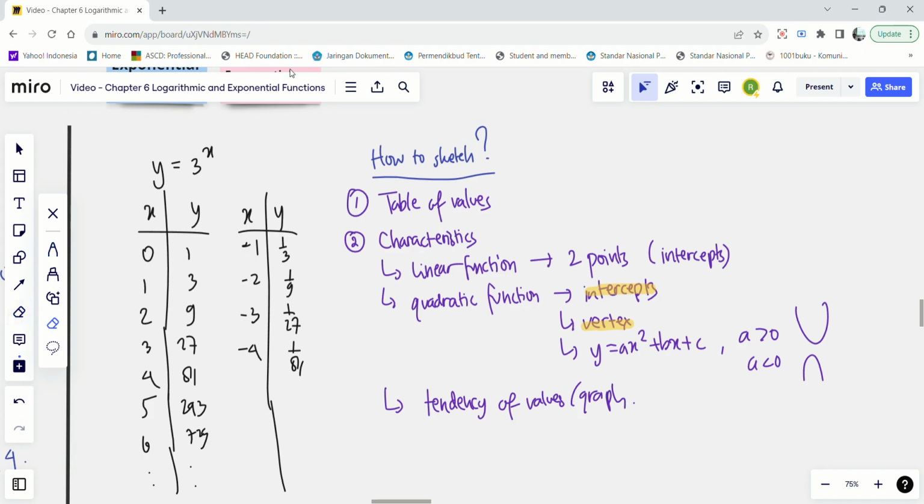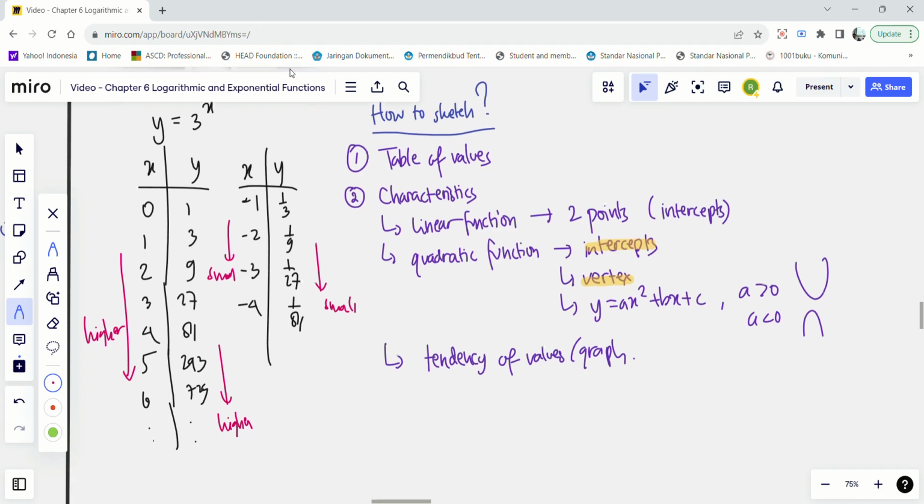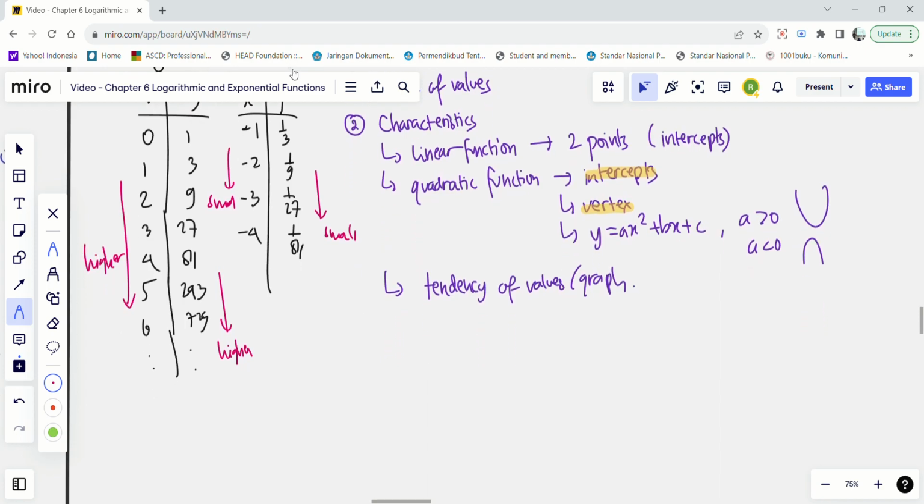So this gives us an idea that the tendency is that as the x goes higher, y also goes higher, right? But when x goes very small, y actually goes very small as well. But not only that, knowing that the pattern is higher, higher, smaller, smaller, also look at the tendency of the values.